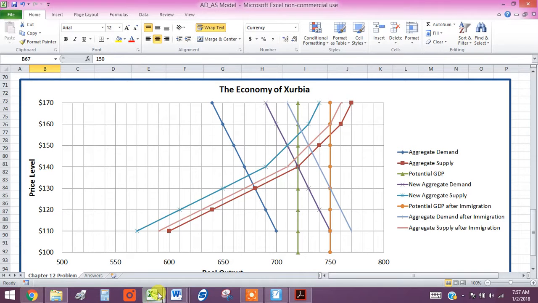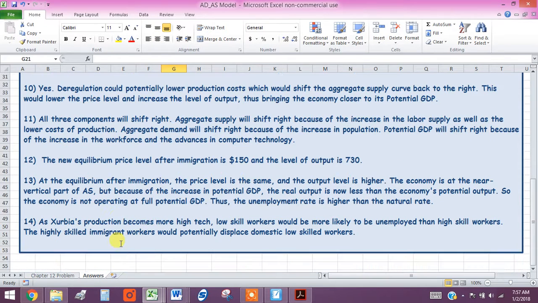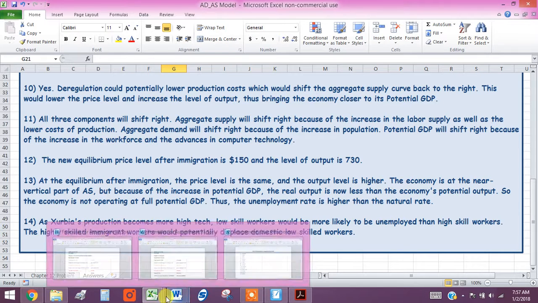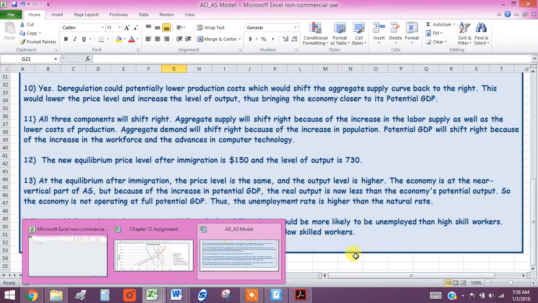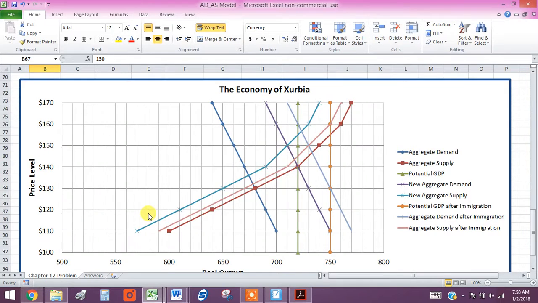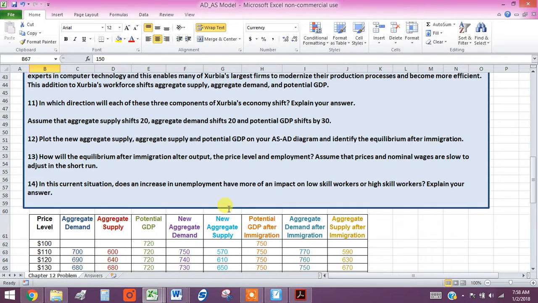So let's just jump back over here to our answers and see what I've said here. So we can say that the unemployment rate is now higher than the natural rate. Now, the last question I wanted you to think about is, and let me go to the actual question so we can know what we're answering here: in the current situation, does an increase in unemployment have more of an impact on low-skill workers or high-skill workers? Explain your answer.